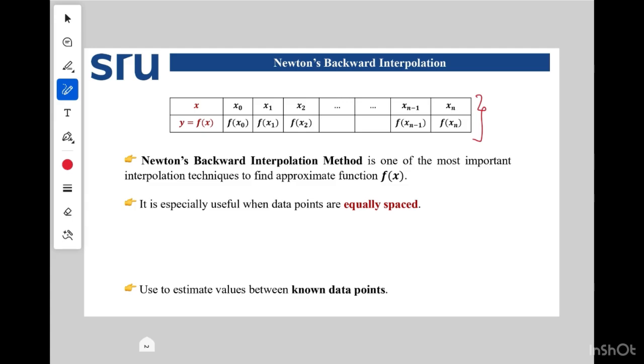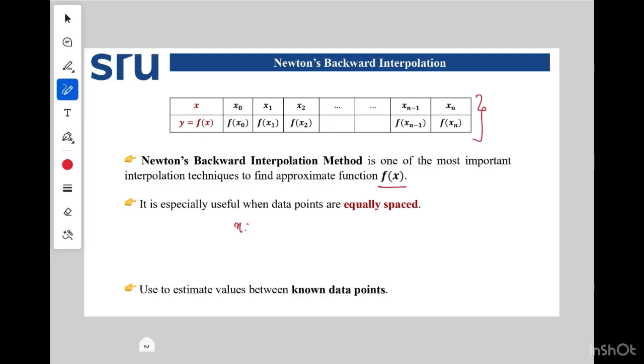Now what is the Newton backward interpolation method? It is one of the most important interpolating techniques, used to find the approximate function f(x), and it is especially useful when the data points are equally spaced. Equally spaced means the distance between each data point is equal.